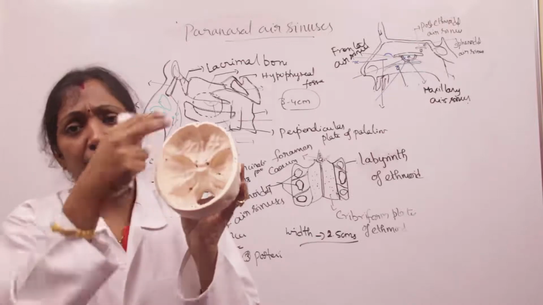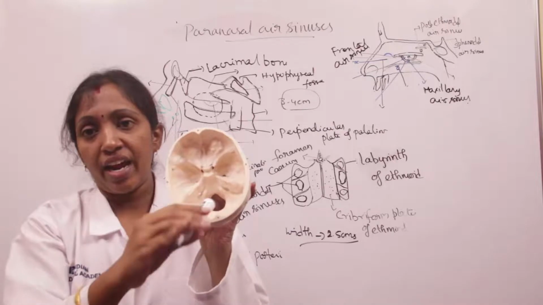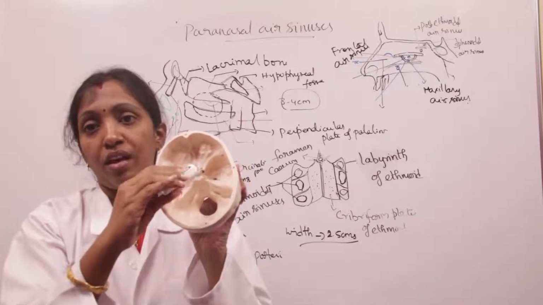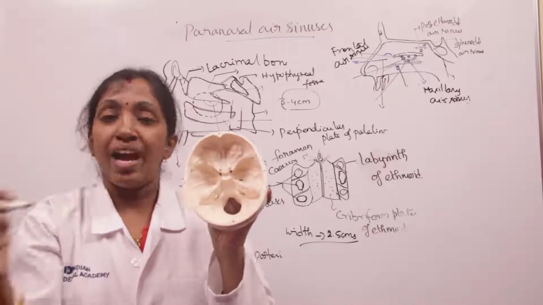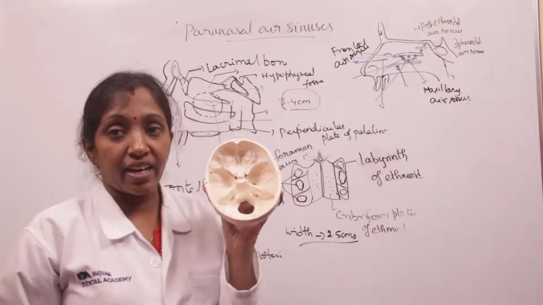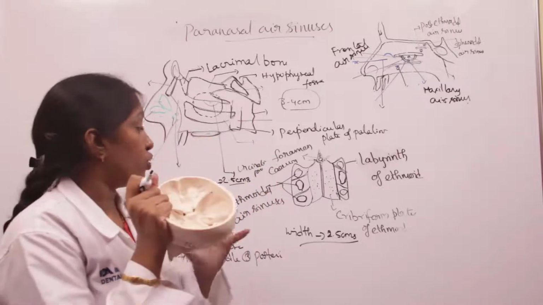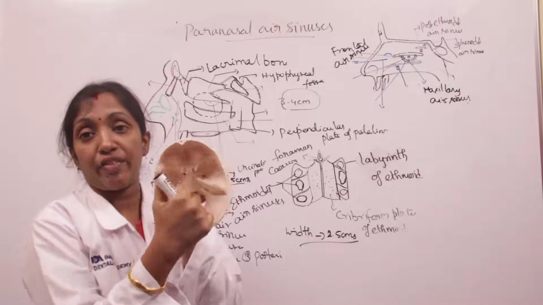We know that the interior of the skull divides into three cranial fossae: anterior, middle and posterior. The middle cranial fossa is formed by the sphenoid bone, and this is the body of the sphenoid bone. Beneath the body we have the sphenoidal air sinuses, which are related superiorly to the optic chiasma and also to the hypophyseal fossa, this depression here.